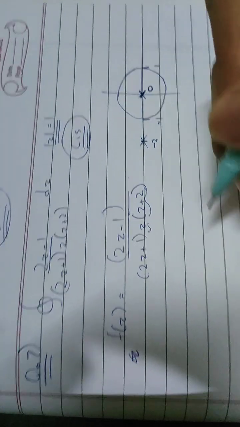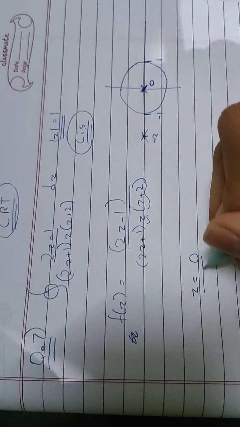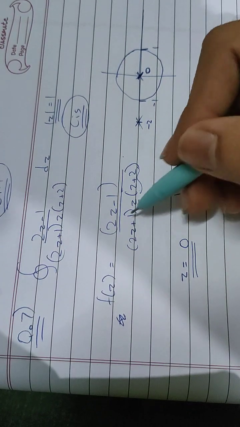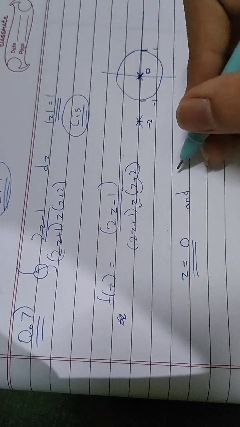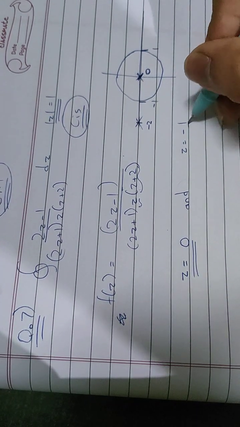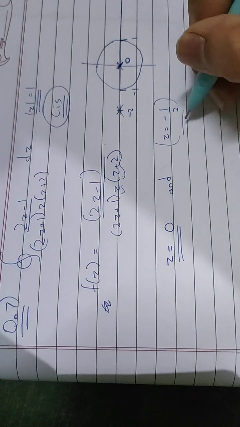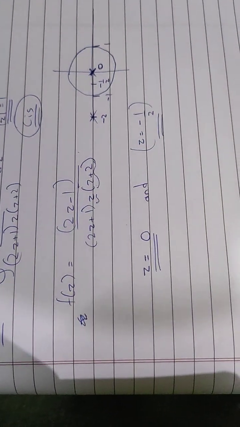So this is one pole, and another pole is z equal to minus half, which is about here.